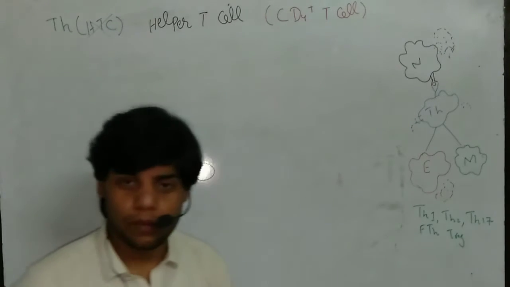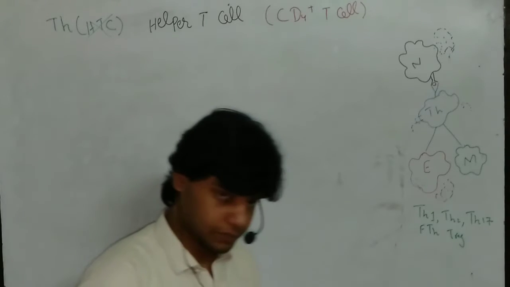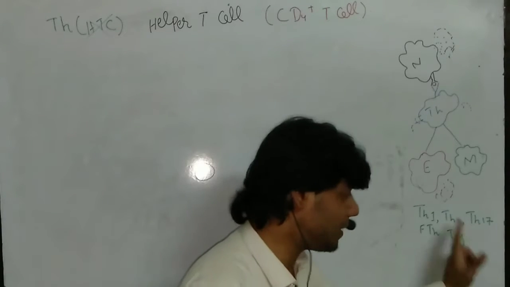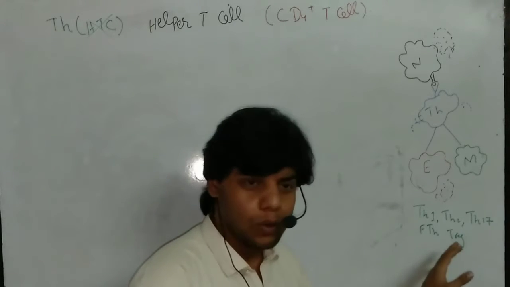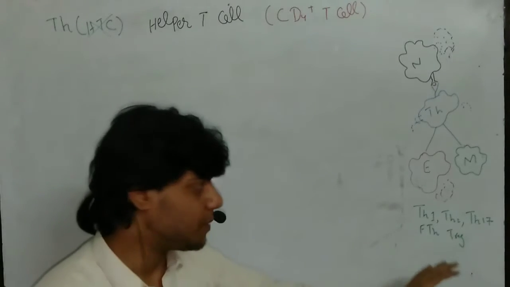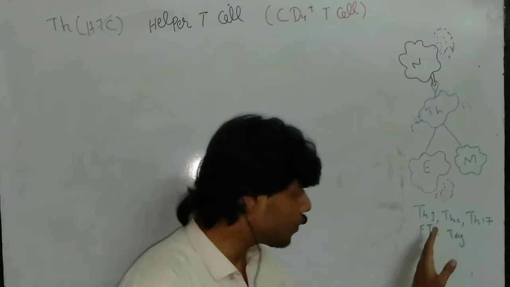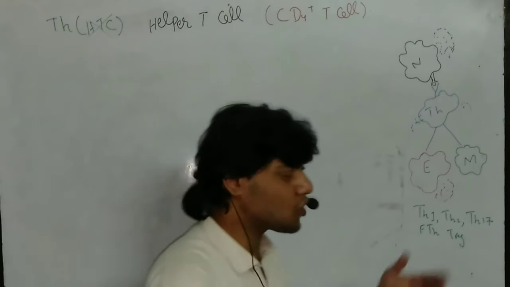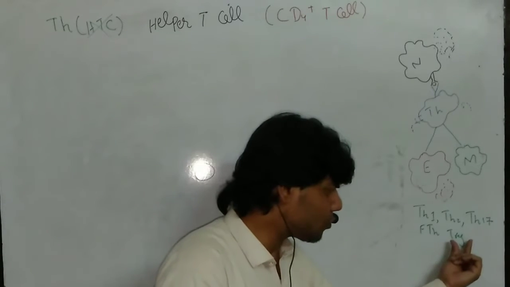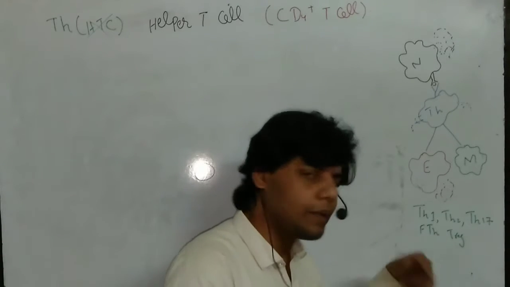These are all types of helper T cell. In the next video we will explain T regulatory cell, because it is a very long topic, so here I am not going to explain it. The rest of the 4 helper T cells we will explain in this video, because they are not too complicated. But this one topic is a little bit complicated, that's why I will explain it in the next video lecture.